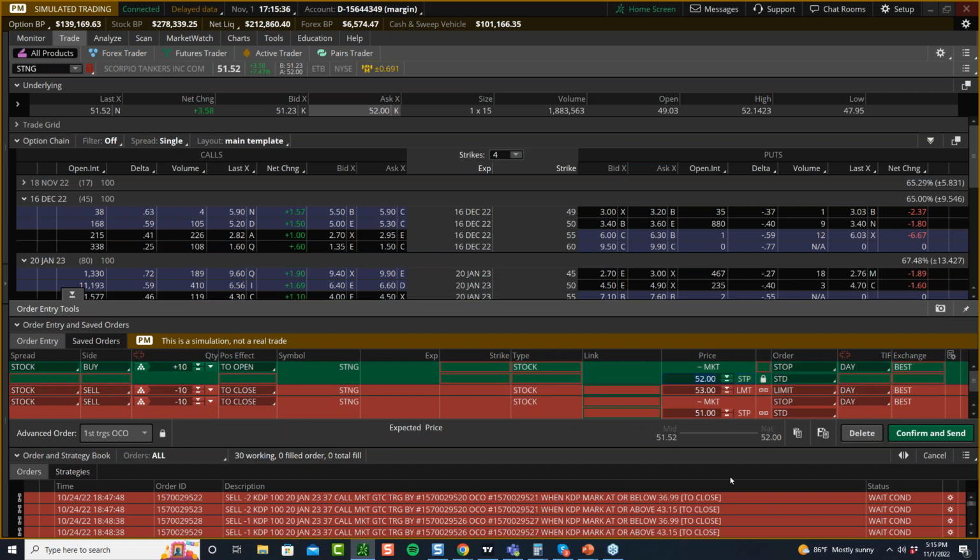So if you don't know what this means, I'll teach it to you, but a stop is basically the floor. I don't want to buy it lower than 52.15. Very important. I'm not trying to buy this cheap. I don't want to buy this if it comes in at $52 because that is not a breakout up. I only want to buy it if it actually breaks and hits the 52.15. So I got to use a buy stop order.